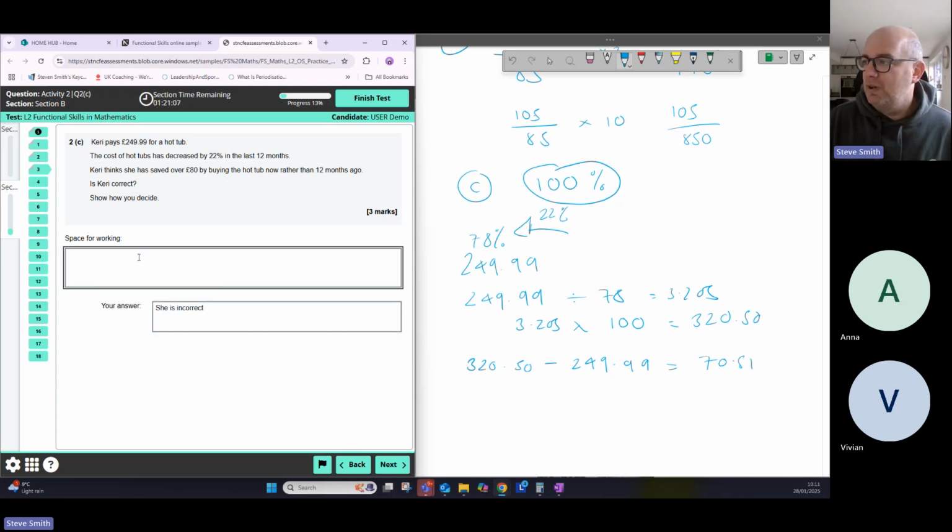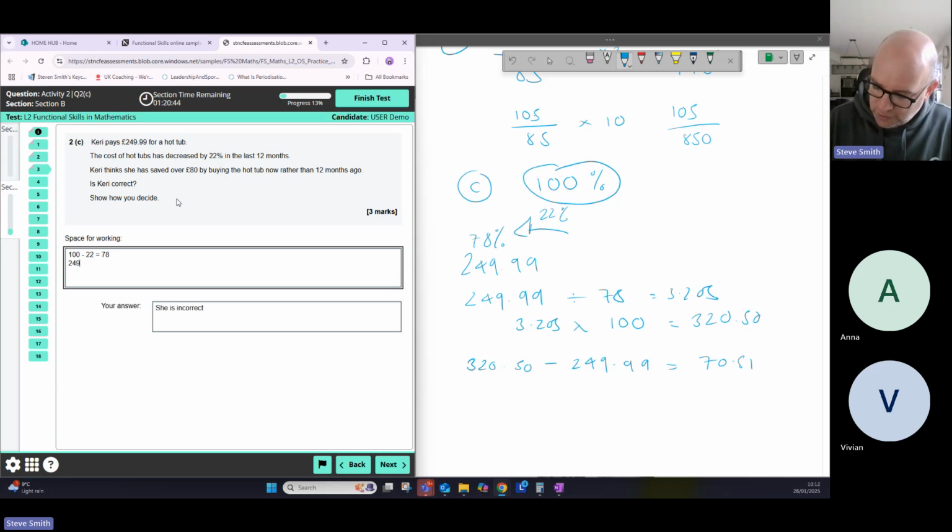And then our space for our working, for me, it's a case of showing that I know that £249.99 is my 78% number. So I'm just going to say 100 take away 22 equals 78. Okay, so I've shown that I've taken away my number, leaving me with 78%.